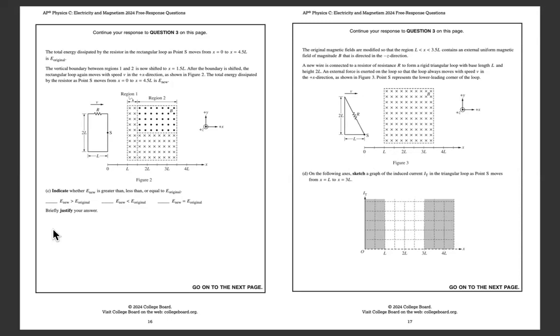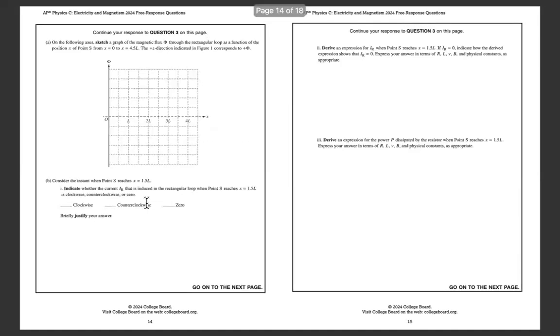So what happens is if we go back to our graph for flux, I'm going to redraw that graph for flux. What that looked like in the original case was along the lines of this. Now, in the new situation, you're shrinking the vertical boundary of region 1, and so it goes to 1.5 L now.